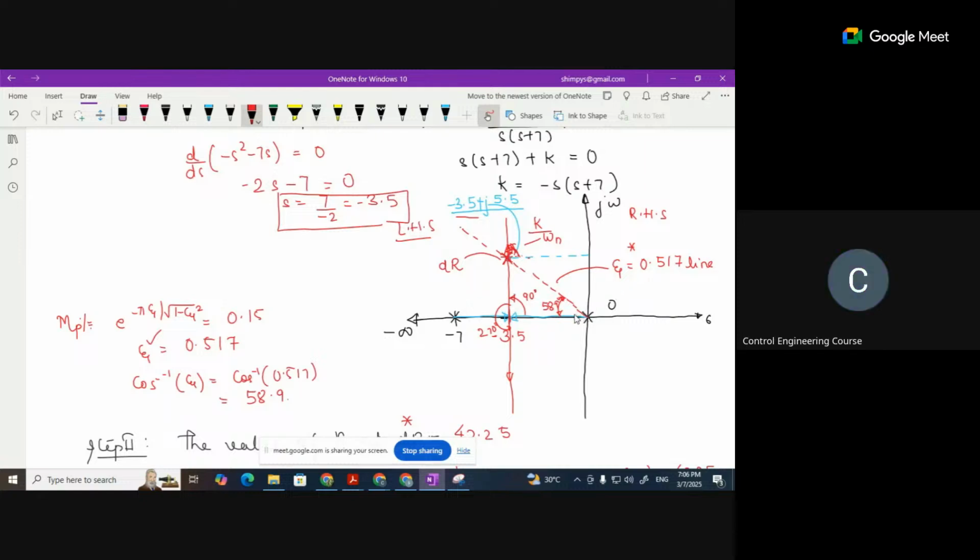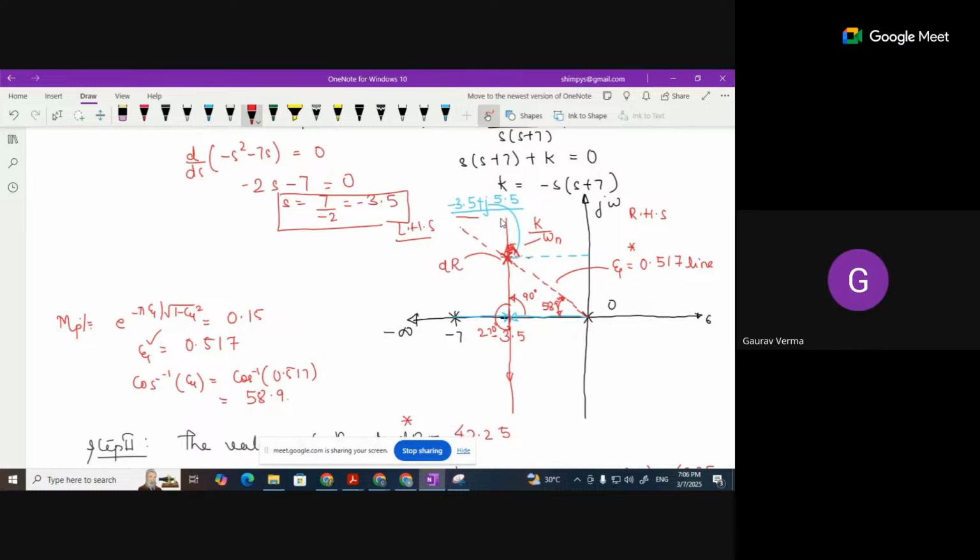Then whatever angle we have obtained, we have drawn it from the origin, and we have seen where it cuts our root locus, which we have drawn for the uncompensated system. Corresponding to that point of intersection, we have seen the value of the pole that we have obtained as minus 3.5 plus j 5.5, right?